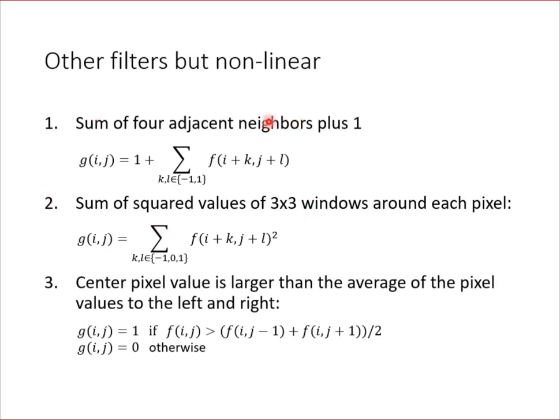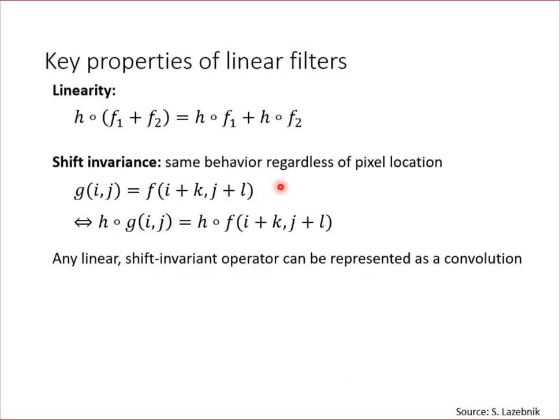I say this filter is not linear. And why? Why does this filter not match the definition of linearity?